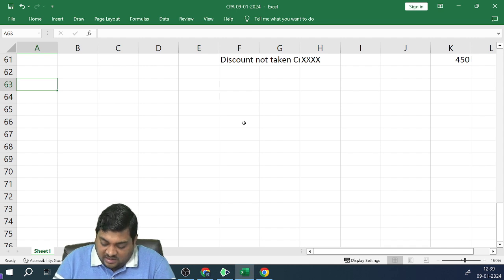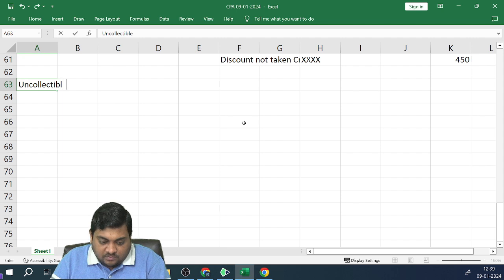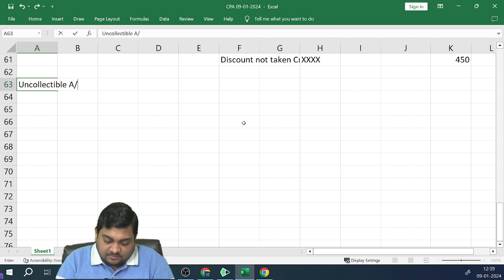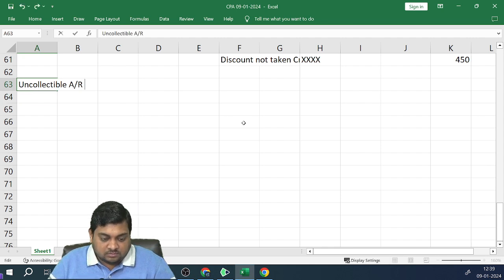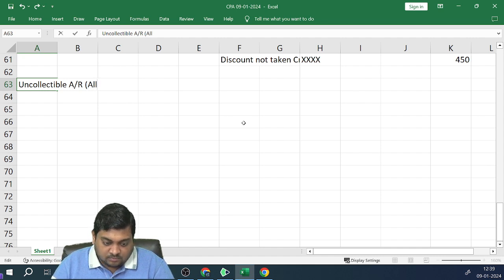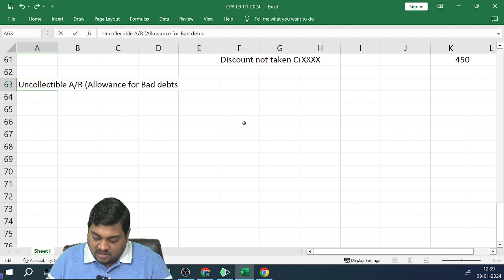So basically, we are talking about now uncollectible accounts receivable, commonly known as allowance for bad debts.